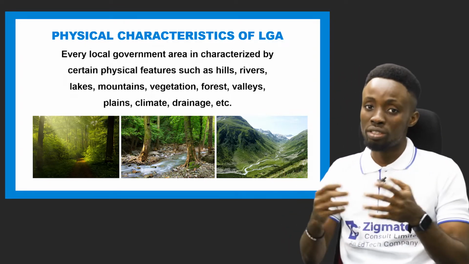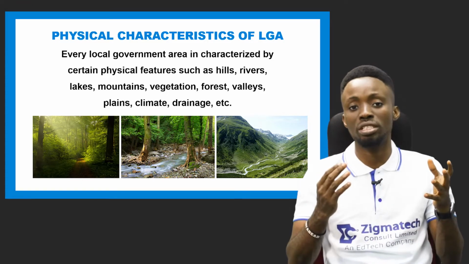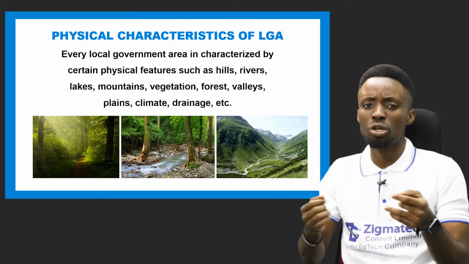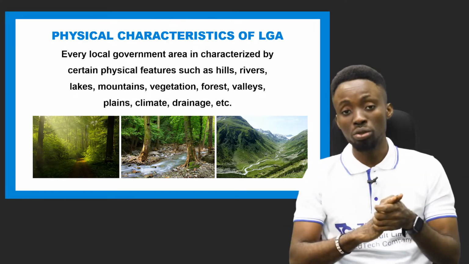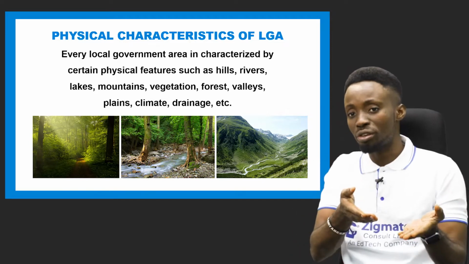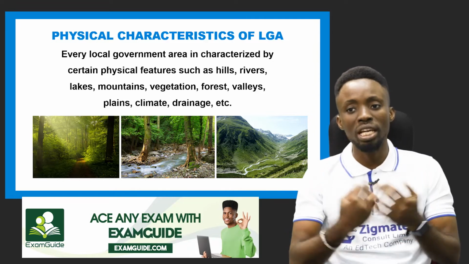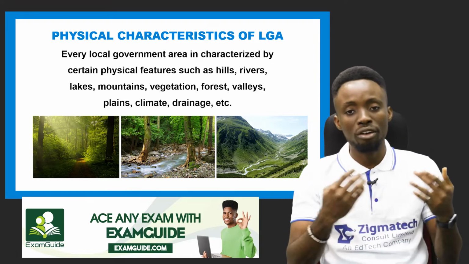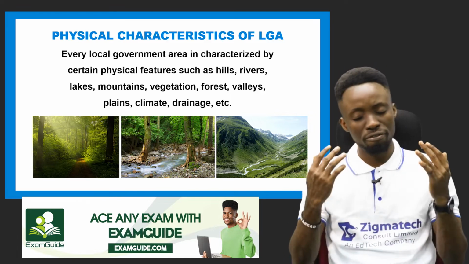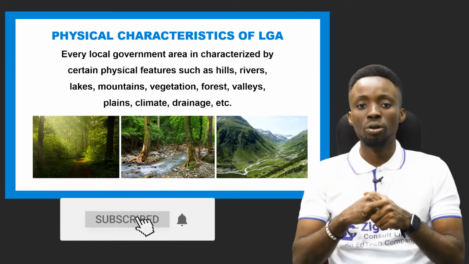Now, the first one, we have things like the lowlands, we have mountains in some LGAs, we have a good number of vegetation, we have a good climate, and it is based on the climate of Nigeria. We have drainage, we have forests, we have lakes, and we also have what? Rivers and plains. Now, these are some of the physical features that you will see in every local government area we have in Nigeria.